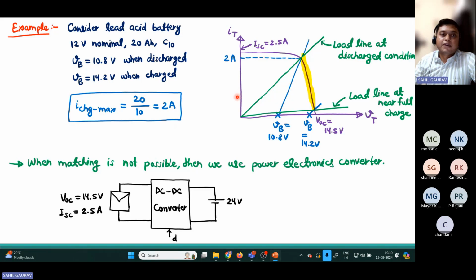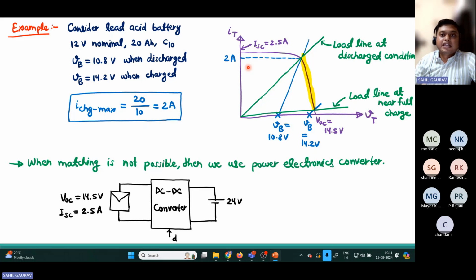Now when the battery is fully charged, in the nearly charged region, the voltage comes out to be 14.2 volt. It is still less than the open circuit voltage of the PV panel. So the corresponding IV curve will be made, and the load line will be made at the near full charge.